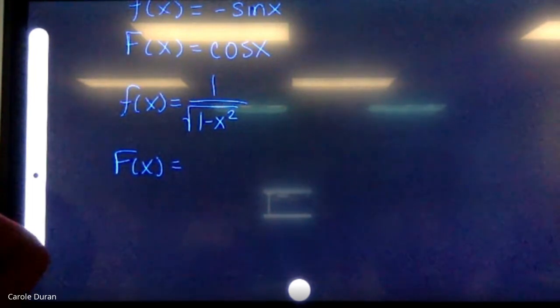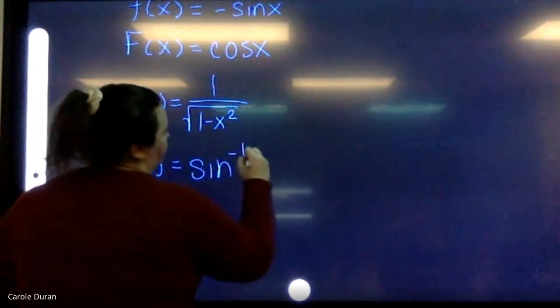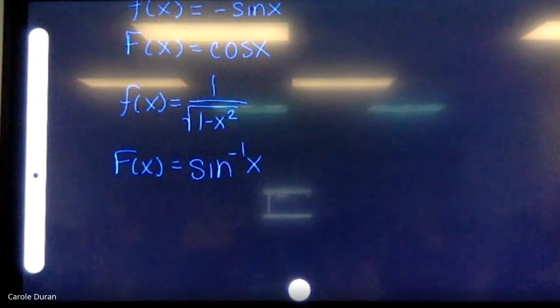So I would have to go back to where I did derivatives of inverse functions, and I would realize that that is the sine inverse. These are also ones you're going to have to know forwards and backwards. Yes, they can be on your cheat sheet. Okay, so these are just basic antiderivatives. Of course, when we get into product rule and chain rule kind of stuff, it gets a little bit more complicated.